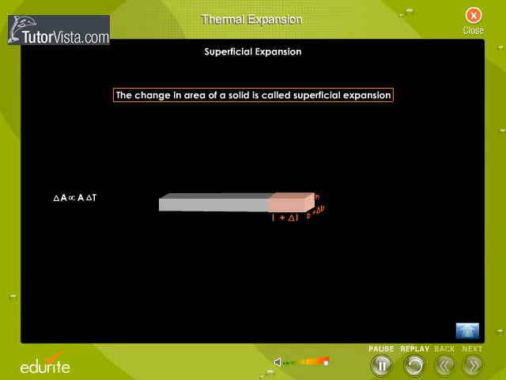Delta A is directly proportional to A into delta T. Delta A is equal to beta into A into delta T, where beta is the constant of proportionality called the coefficient of superficial expansion. The unit of beta is per degree Celsius or per Kelvin.